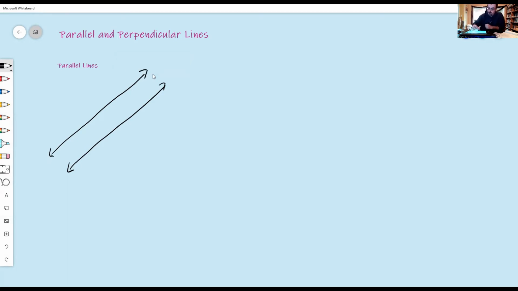So parallel lines go in the same direction. Now, in mathematics, when we talk about directions, we mean slope.